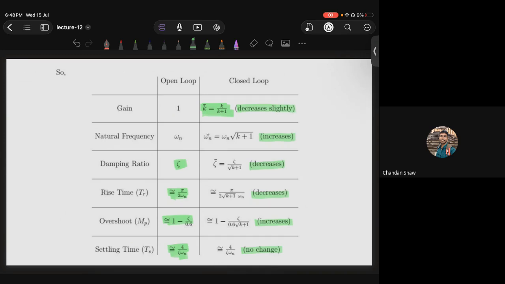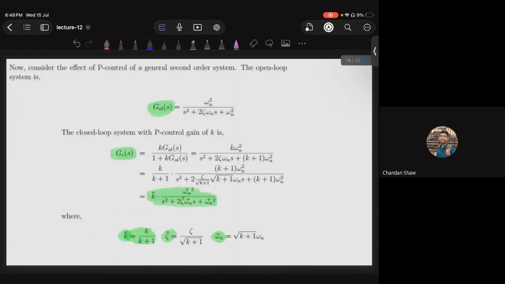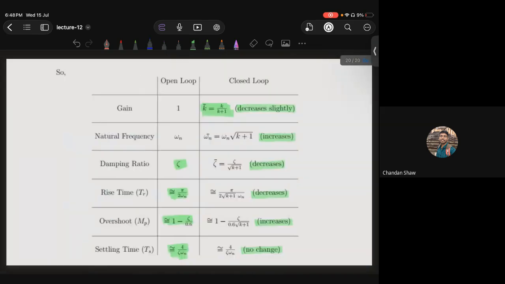Okay, so ultimately, what is the proportional controller doing? It makes the system faster to reach the closer value. It reduces the rise time, but not giving much advantage in the settling time.